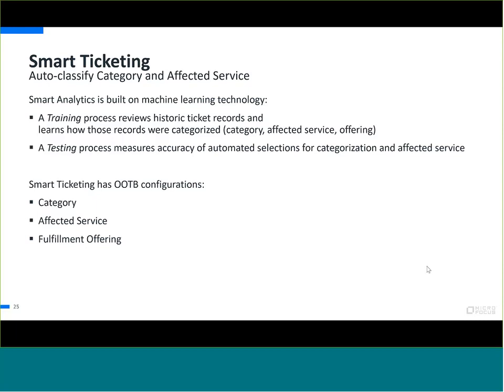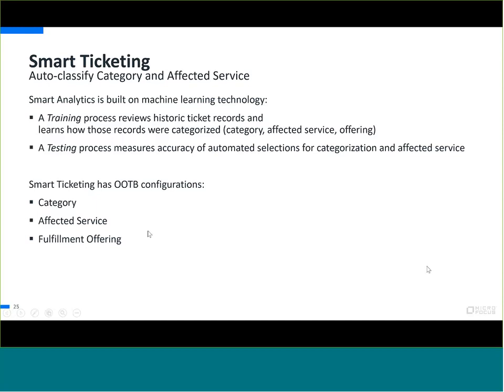So smart ticketing, again, as I mentioned, is all about being able to predict and then assign certain values to key fields in tickets. And we have enabled it in SMAX with our request management application around these fields that we show here: categorization, affected services, fulfillment offering.